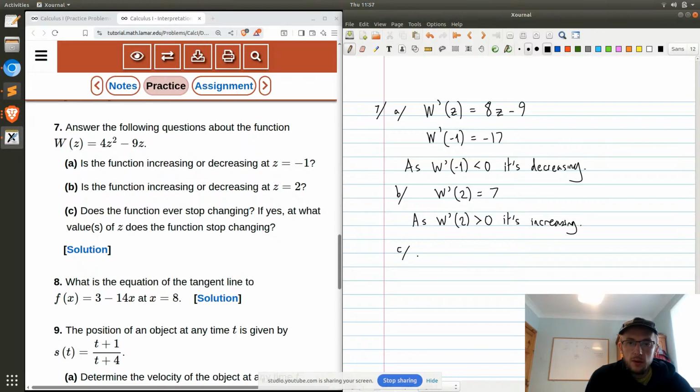So this would be where 8z minus 9 is equal to 0, where z would obviously be 9/8. Stop changing.